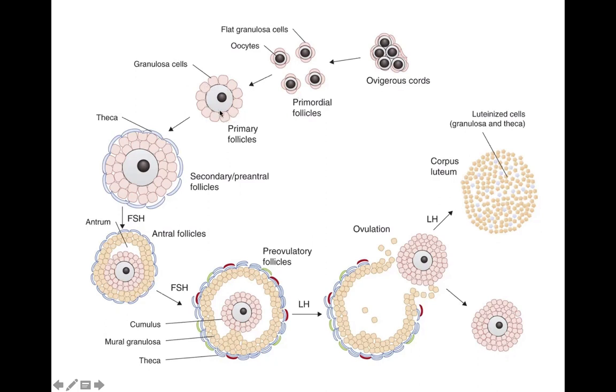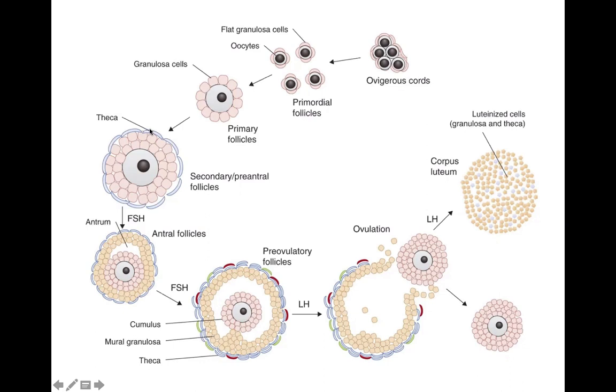These are nothing but granulosa cells. These granulosa cells then form under the influence of FSH. Remember, these granulosa cells are responsible for production of estrogen, and then they are slowly and steadily producing another layer, which is known as the thecal layer.